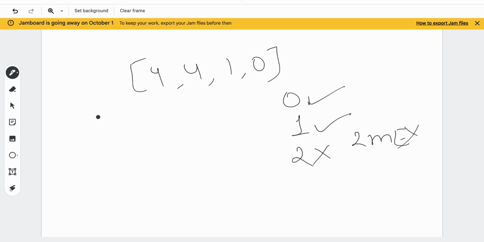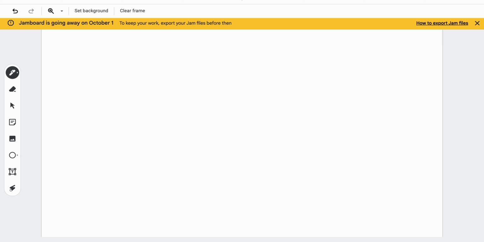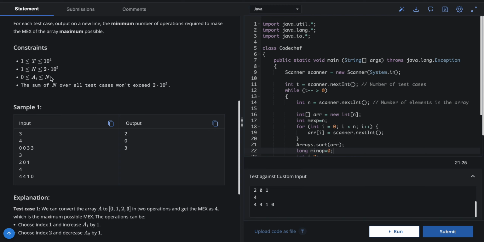Now friends, the question is that we have to make this max the max possible. Here it is given that ai belongs from 0 to n.